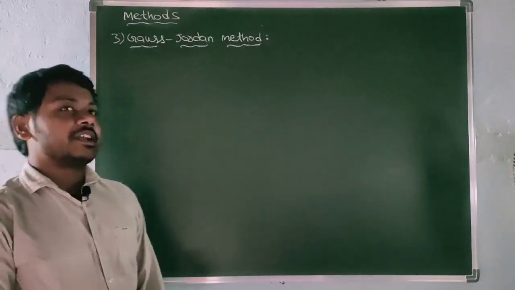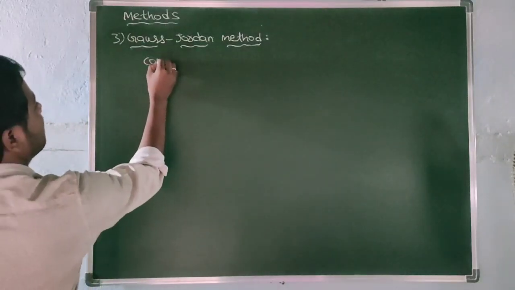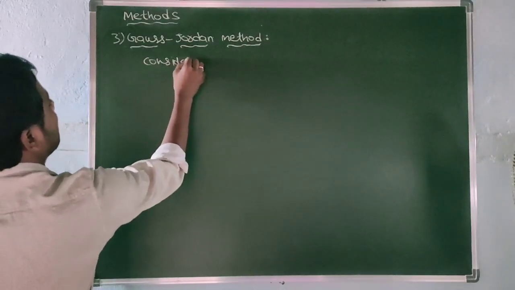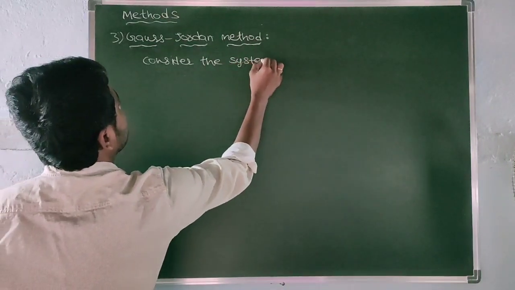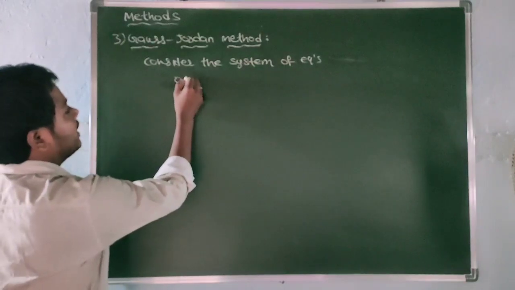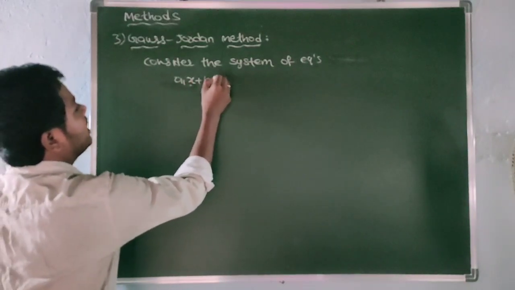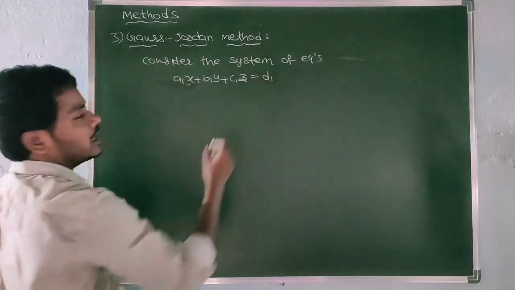So next, last one, Gauss-Jordan method. So here consider the system of equations a1x plus b1y plus c1z is equal to d1.